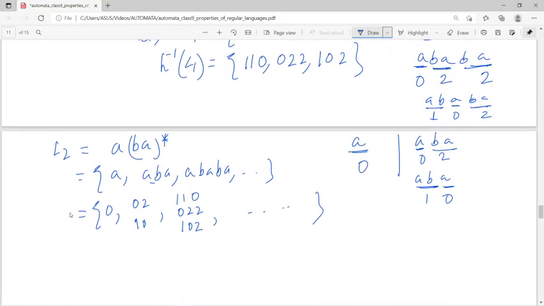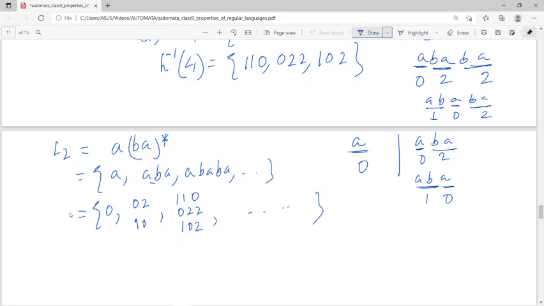That means if we take a language, the corresponding inverse homomorphism can be like that. So that is the inverse homomorphism.